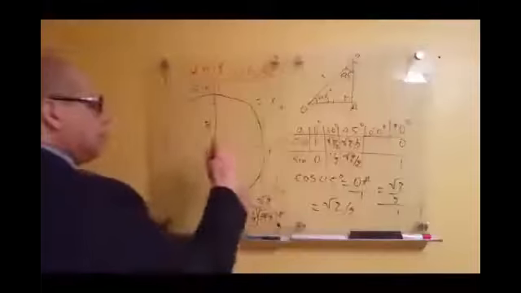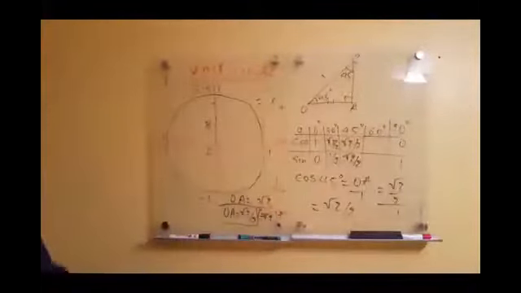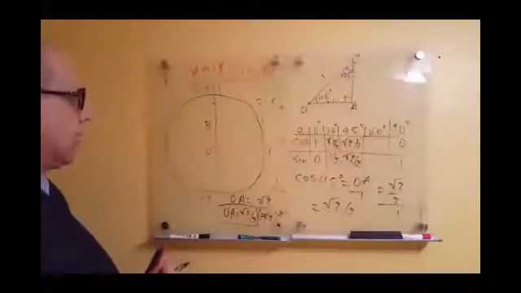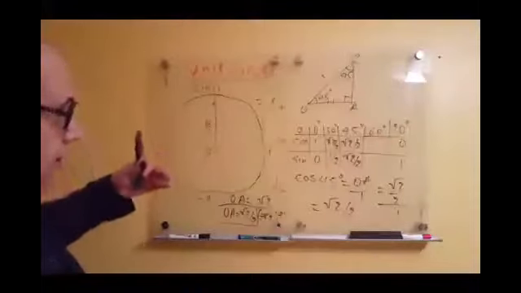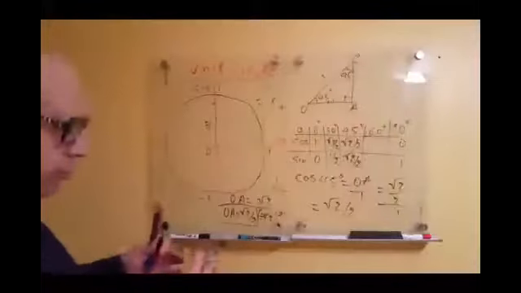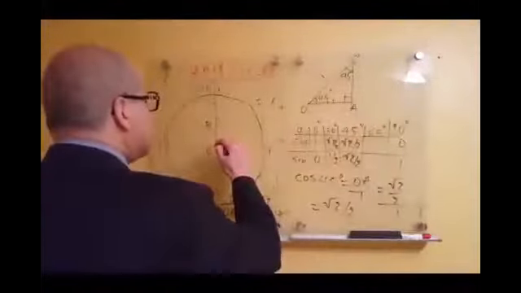Now I want to show you something which has to do with the use of the unit circle in order to find the cos and sine of angles with respect to some other angles. So, let's say we have this angle here.